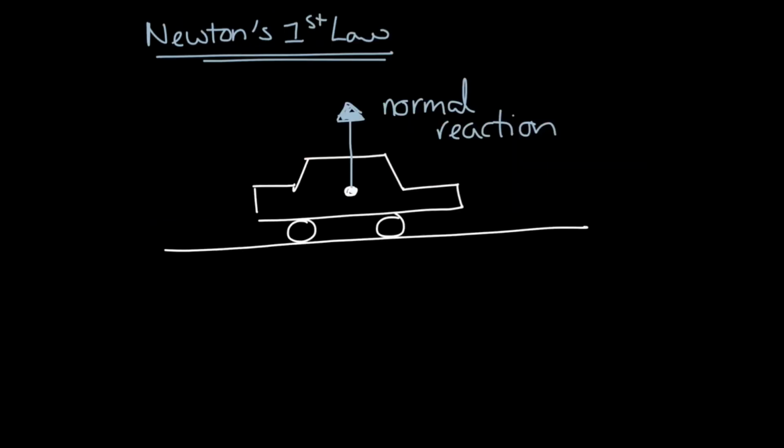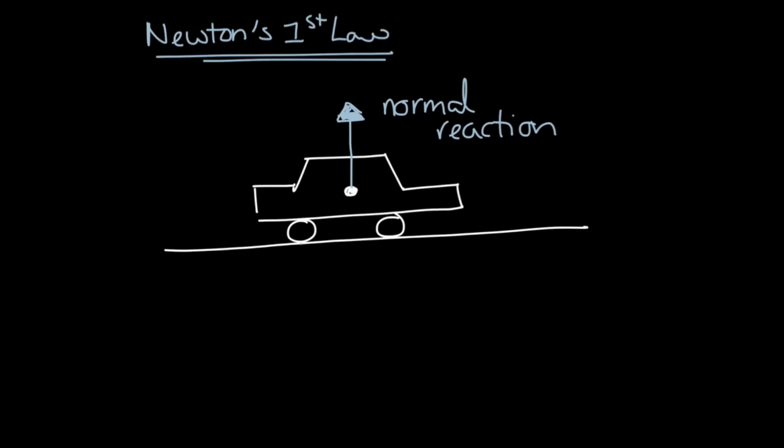So let's try and identify the third law pair for the normal reaction force that we had acting on the car, because third law pairs apply to all of the forces. So an object is exerting a normal reaction force on the car, and the car must be exerting the normal reaction force on that object, and that object is the ground.